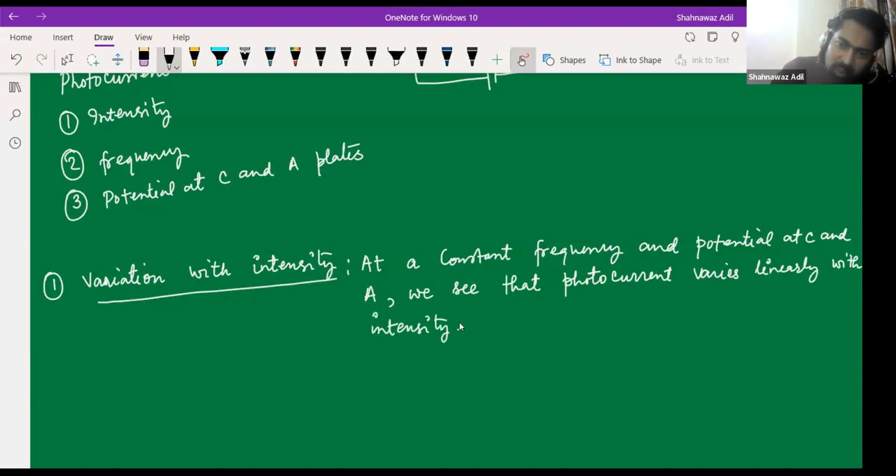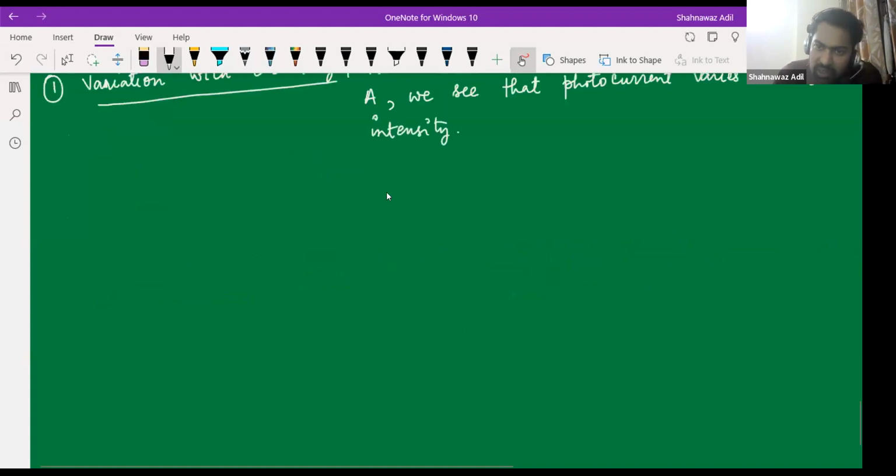Right, so what is the graph? The graph is like this.